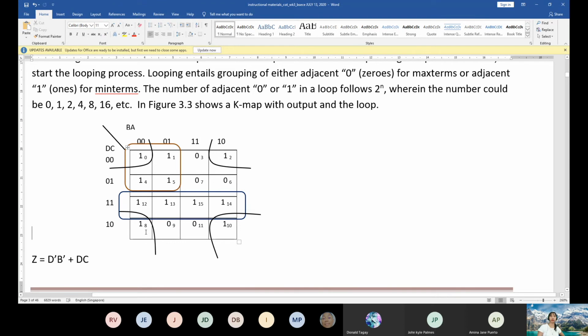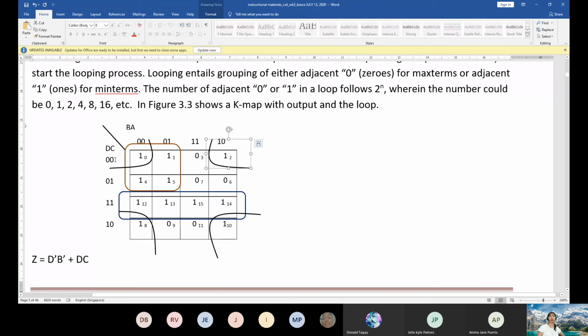Now we have the ones on the corners. Think of a K-map just like a globe, a world map, wherein the east and west are interconnected. The corners are also connected, so we can loop on the corners. If you have ones in the corners, you can interconnect them. So we have the black loop for the corners, with 4 values.